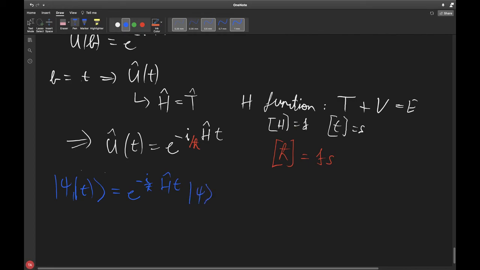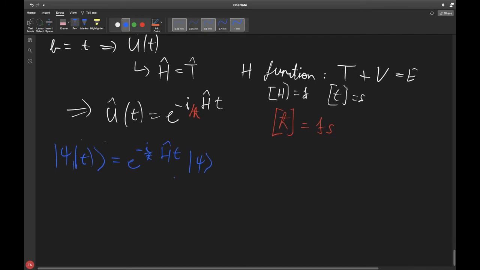So I'm really just using the same formula as we derived earlier, just inputting that now the parameter is t instead of using b earlier.